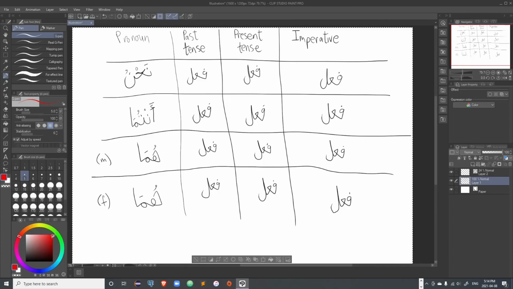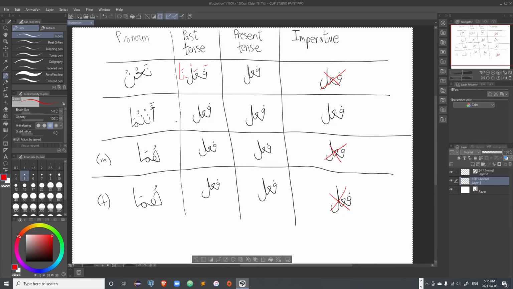Okay. So for نحن, as you recall, no imperative, so we will cross that off the list. And since these are third person, we will cross that off the list as well. Okay, now for the past tense, for نحن, yes, it is na. It will be فعلنا, we did, فعلنا.